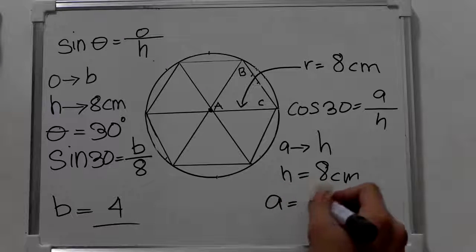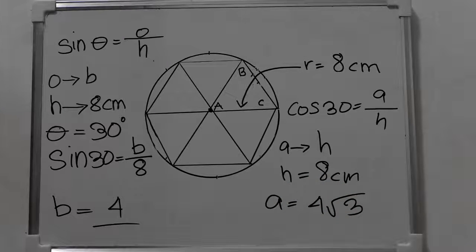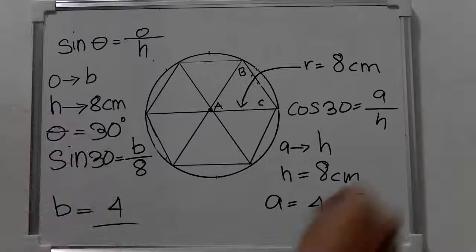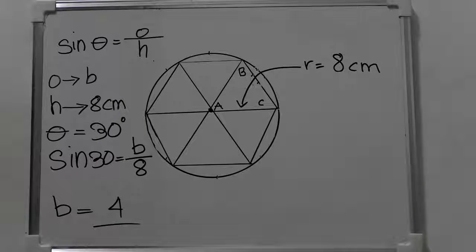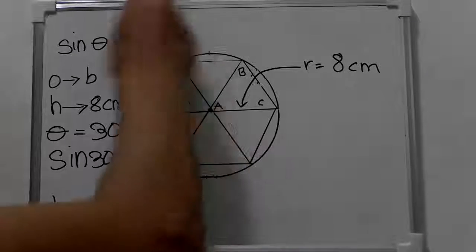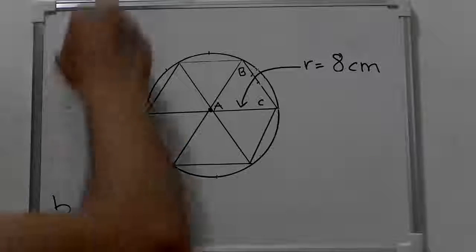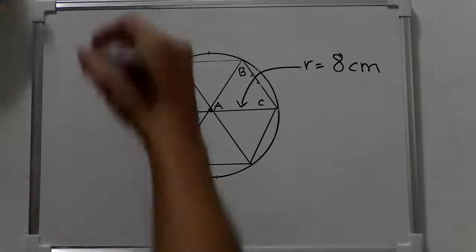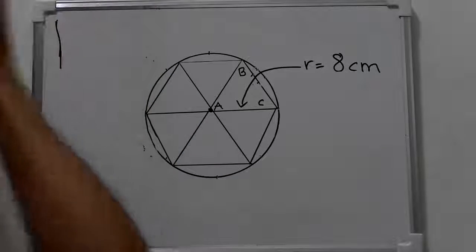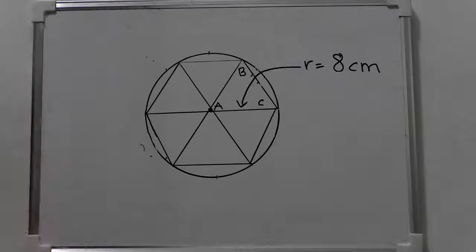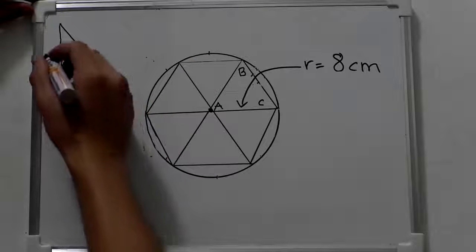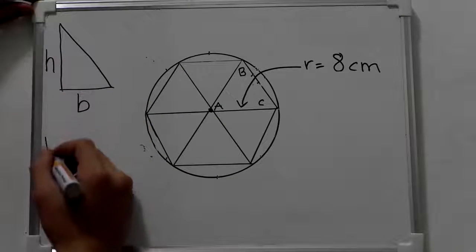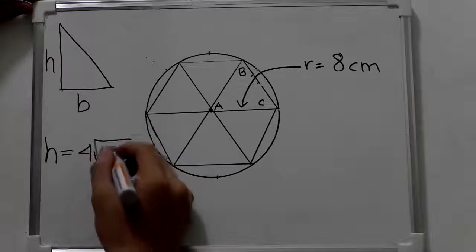So 4 square root of 3. This is our h, and our b. h is equal to 4 square root of 3.